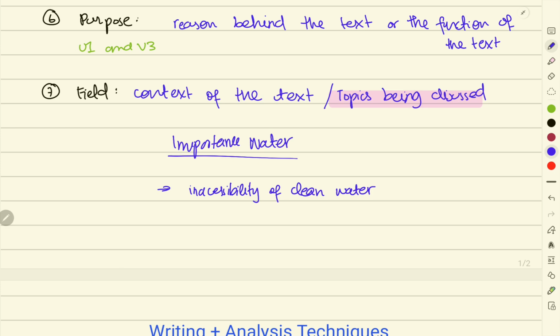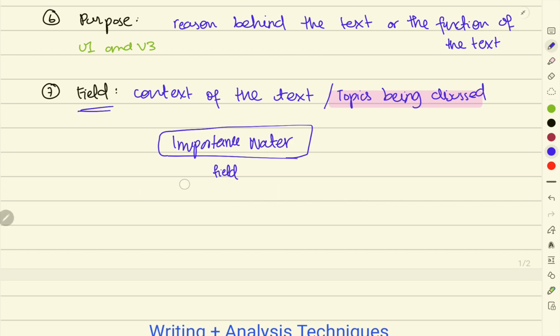So you can add this field of inaccessibility of clean water across the globe or in Asia or whatever. So that's a subfield. Okay, so in the context of the importance of water, there are going to be some subfields that will be discussed or referenced throughout the text. So you find those and you include those when you're talking about field in your answer.